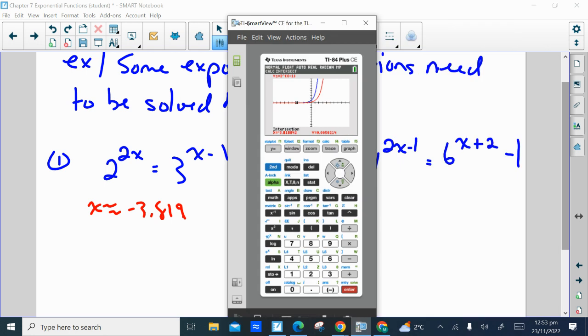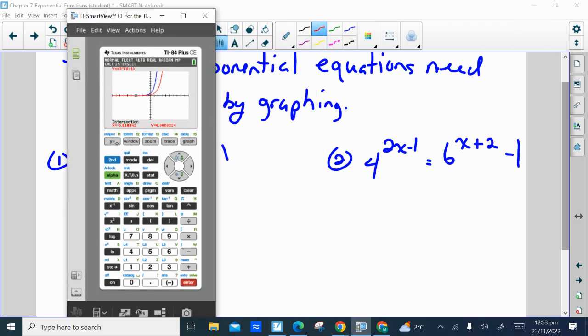Then for question 2, 4 to the power 2x minus 1. So there's that one. The second one is 6 to the power x plus 2, and then a minus 1 at the end.